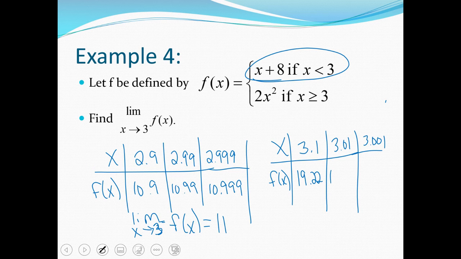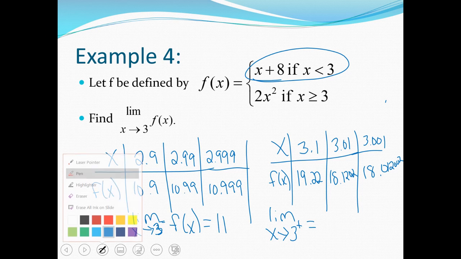That is equal to 18.1202. And then let's try 2 times 3.001 squared. And that's 18.012002. Looks like this one's approaching. I try to plug in a few more numbers just to make sure. But this one from the right looks like you are approaching 18.